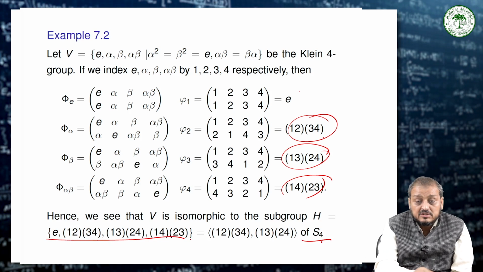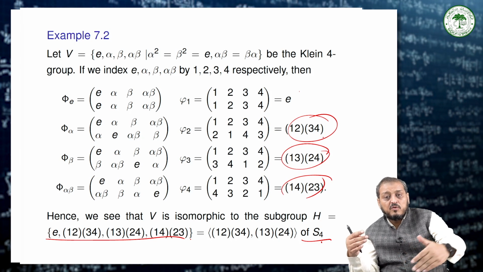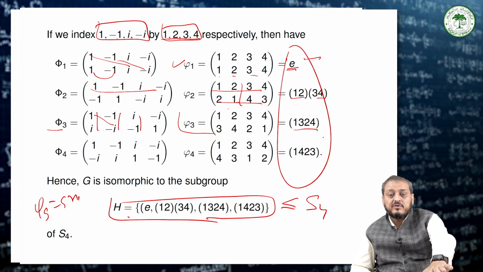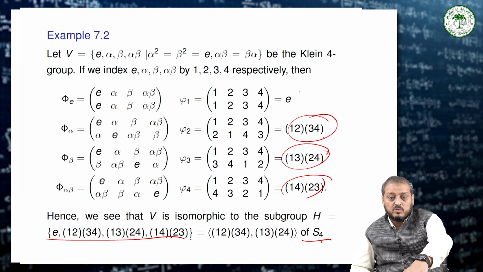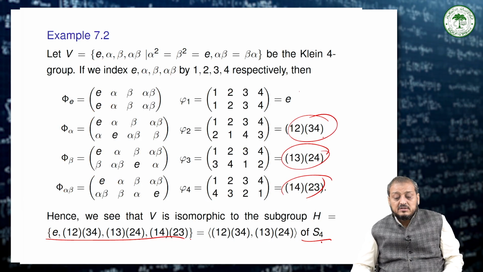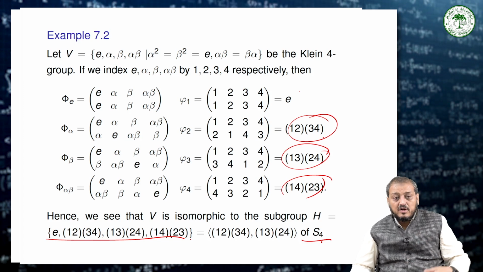These two subgroups we are taking, one corresponding to the Cayley 4 group and the other corresponding to the multiplication group of 4 elements, are two different subgroups, each isomorphic to a permutation subgroup.